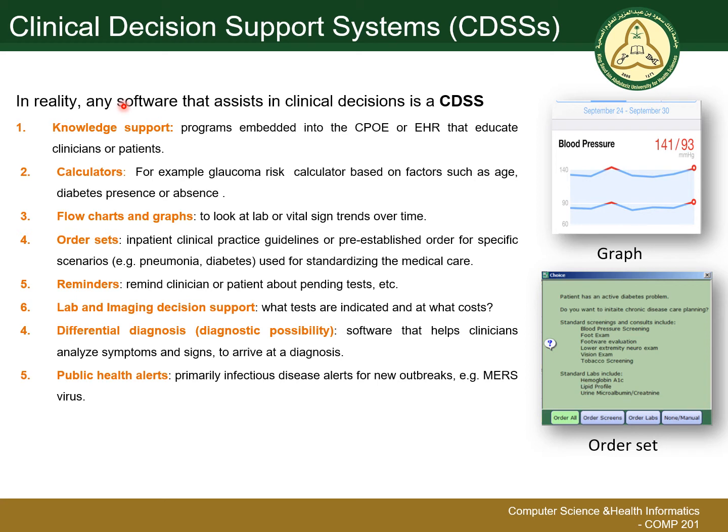The knowledge support refers to programs embedded into the CPOE or electronic health record that educate the clinician or the patient. There are numerous digital medical resources, and they can be integrated with the electronic health record and the CPOE. For example, there is the comprehensive online reference, UpToDate.